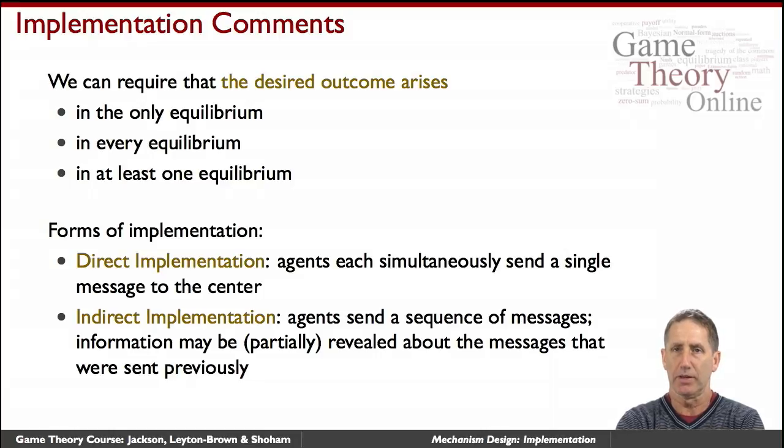Think even about voting as an example. You could simply disclose once and for all something, for example, your entire preference profile: I prefer A to C to B. Or if the mechanism calls for only disclosing a top choice, say I simply prefer A to the others, and that's it. That'll be a direct mechanism.